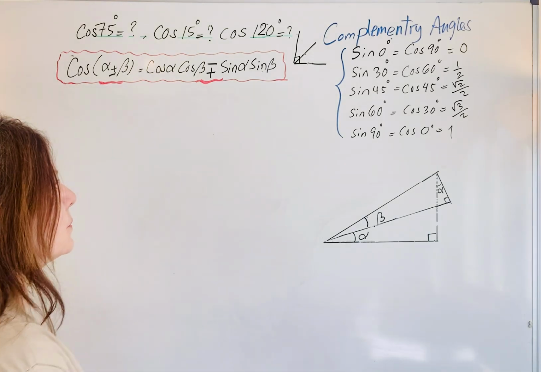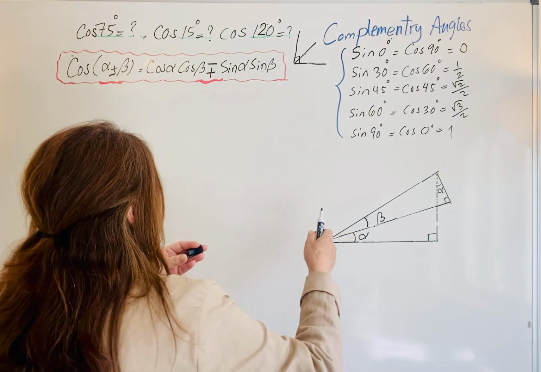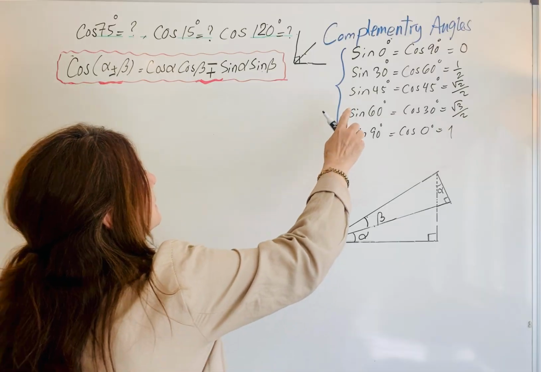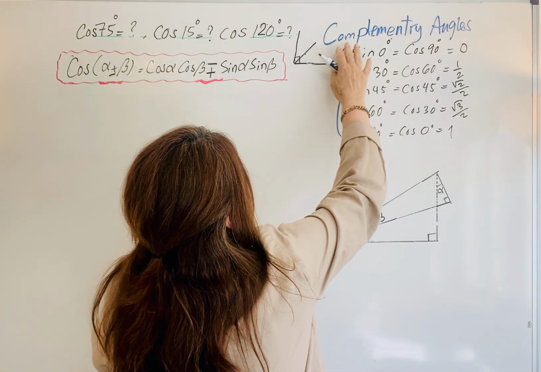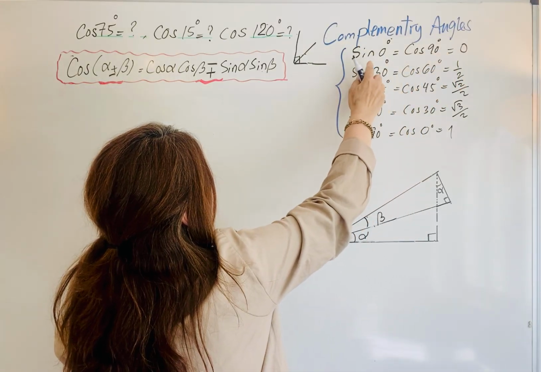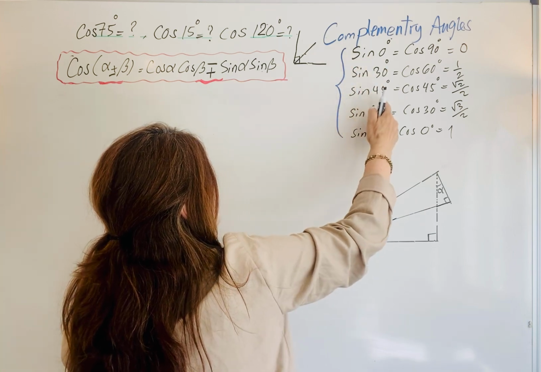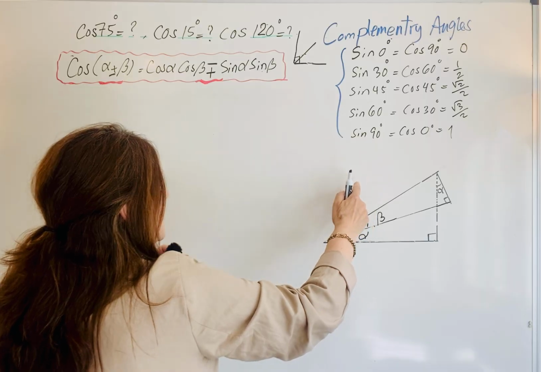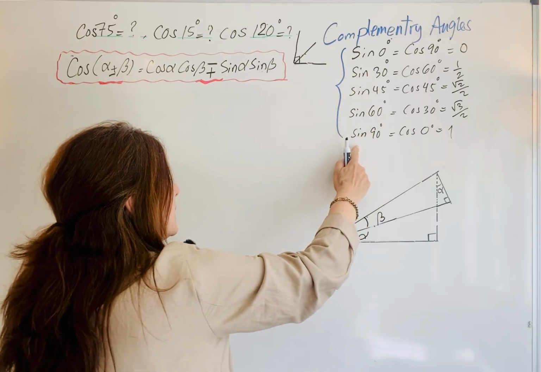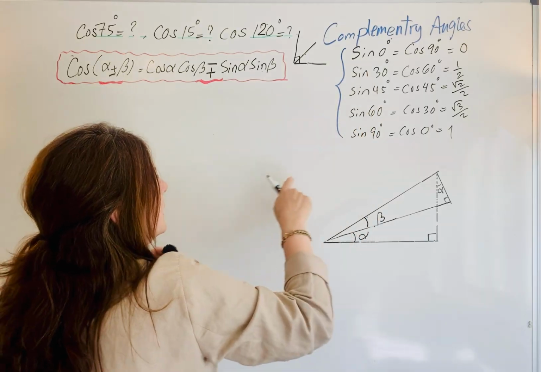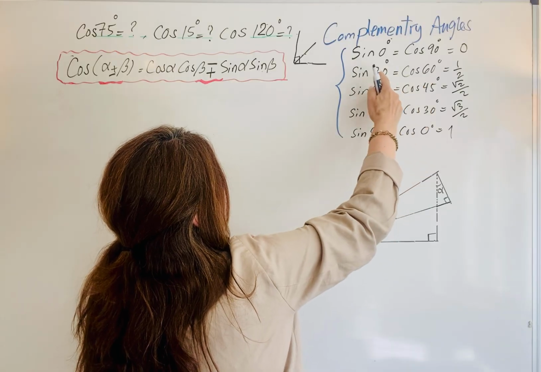Okay, before this one, I need to just repeat something about complementary angles. We need to memorize the sine of 0, 30, 45, 60, 90, because if we memorize these, we can guess the cosines.